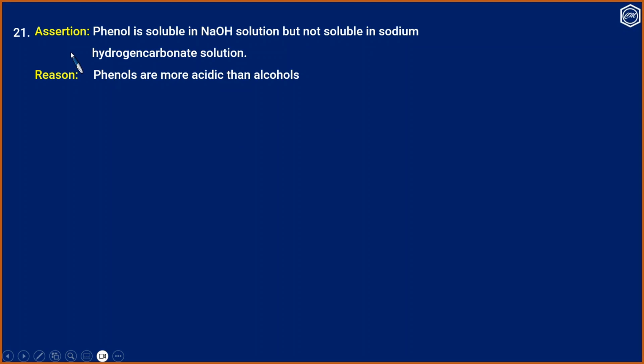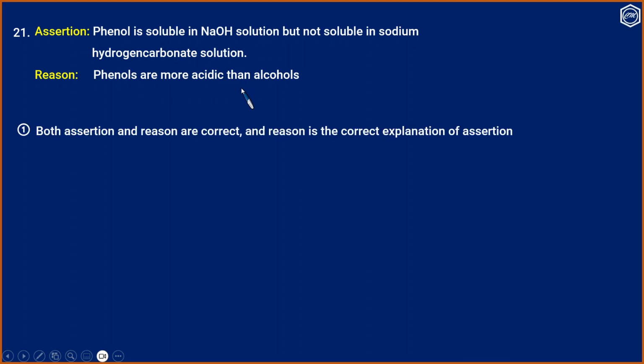Question 21, an assertion reason question. Assertion: phenol is soluble in sodium hydroxide solution, but not soluble in sodium hydrogen carbonate solution. Reason: phenols are more acidic than alcohols.